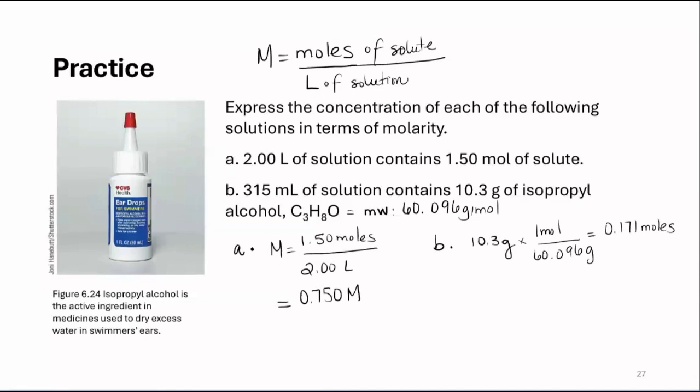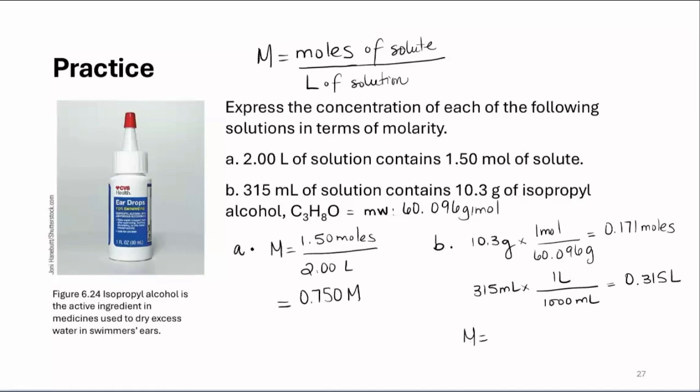Next, since my volume is 315 milliliters, I need to change it to liters. So I'm going to say 1,000 milliliters over 1 liter means that this is 0.315 liters. And now I can calculate molarity.